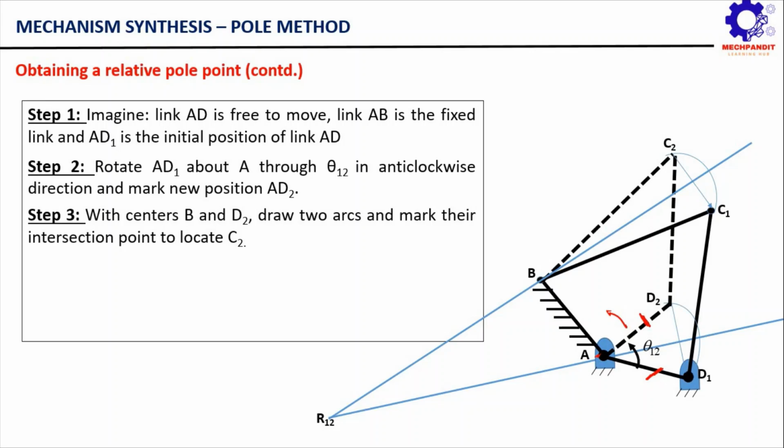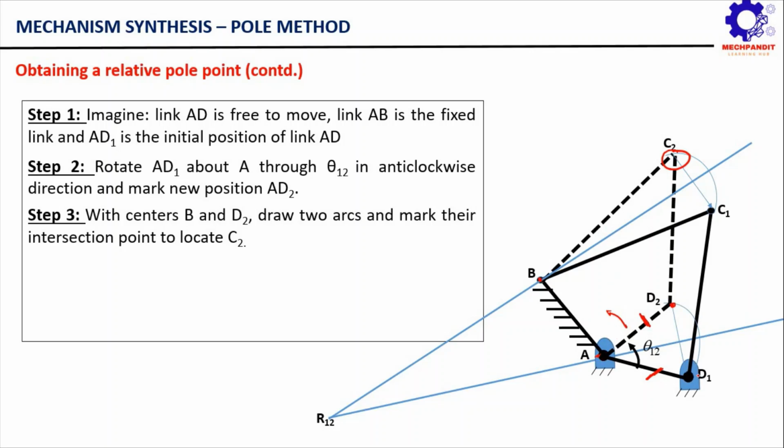Now in the third step, we will take the centers B and D2, these two centers, and then we are going to mark the location of this point C, right? Obviously, we are just trying to observe which new positions the points A, B, C, D are going to acquire.